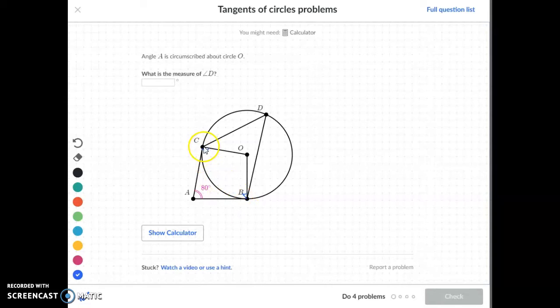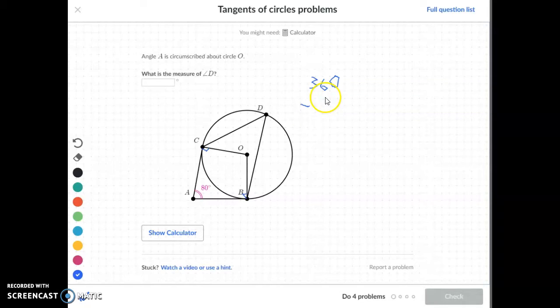So if you look at the shape formed from C, O, B to A, that's going to be a quadrilateral. And the angles of a quadrilateral add up to be 360 degrees. I'm so sorry for the writing. So to find angle O, we're going to subtract the 3 angles that we know.